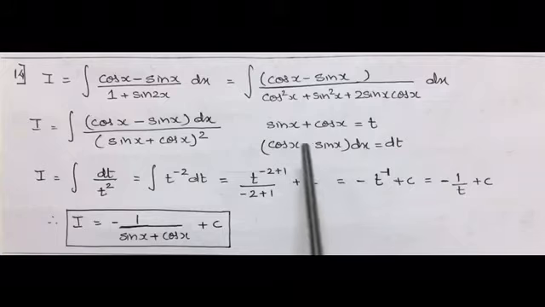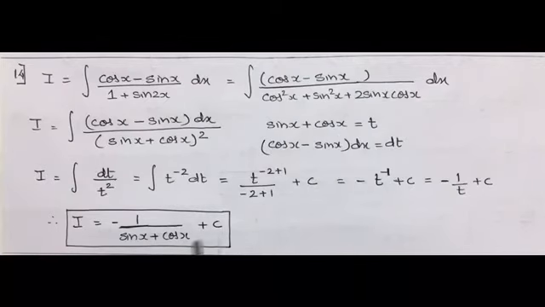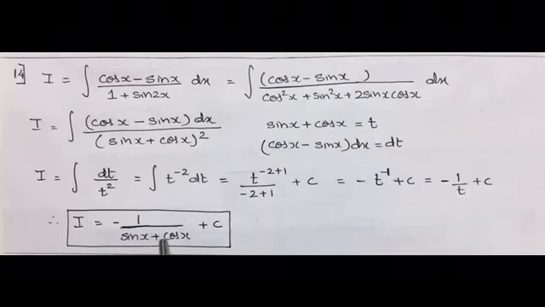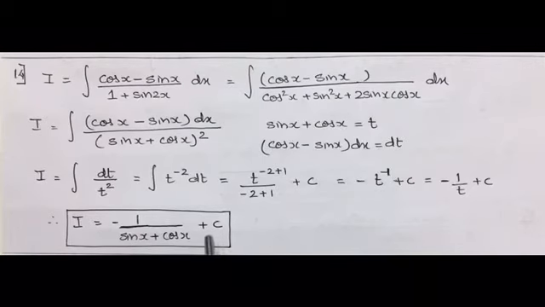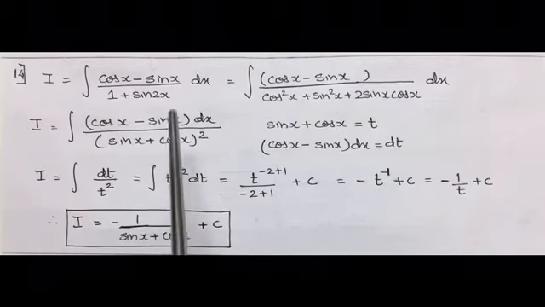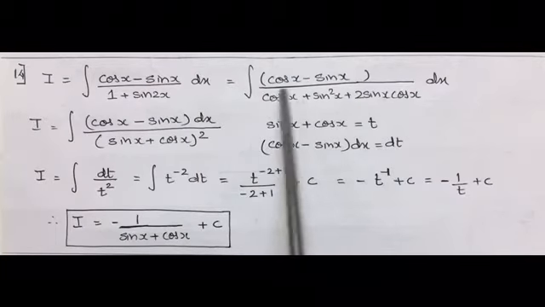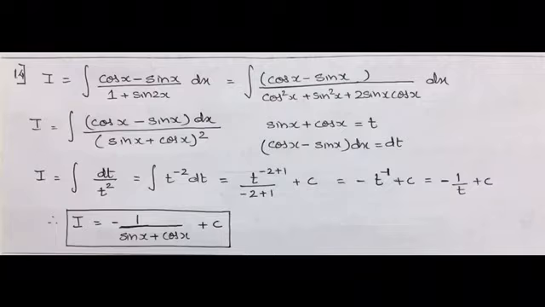Now t value is sin x plus cos x, that is being substituted in the place of t. So integration becomes minus 1 upon sin x plus cos x plus c. So this is how the 14th one is being solved using the trigonometry identities and substitution method also.